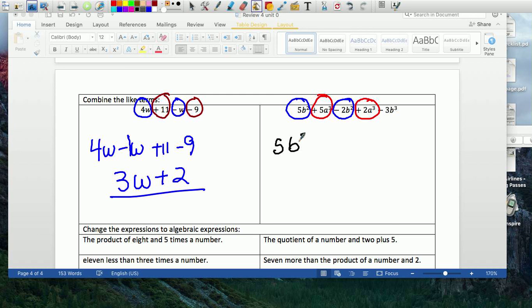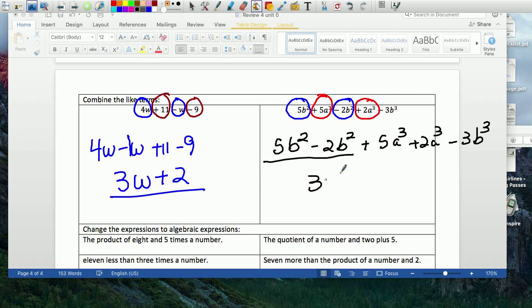Like terms, 5b squared minus 2b squared plus 5a cubed plus 2a cubed, and this guy over here, minus 3b cubed, is going to be by itself. I can combine these two, right, because they're the same. 5b squared minus 2b squared is 3b squared. Plus 5a cubed plus 2a cubed is 7a cubed, and minus 3b to the third power.